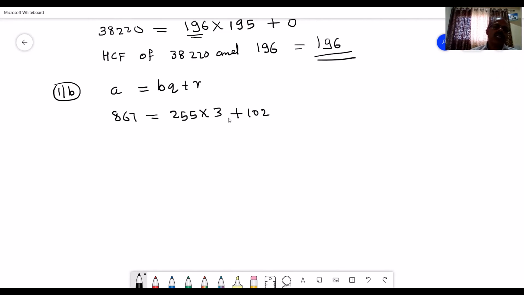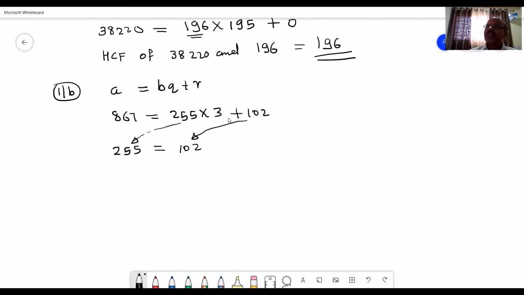Okay, now what do we have to do? See, here the remainder has come. It is not 0. When the remainder is not 0, then the next step you have to follow is that 255 will come here, and 255 will be equal to 102, that is, the remainder will come here now.